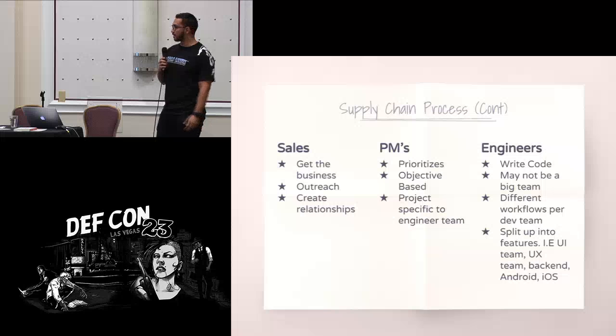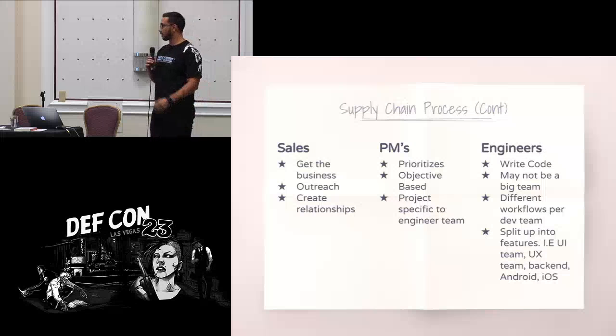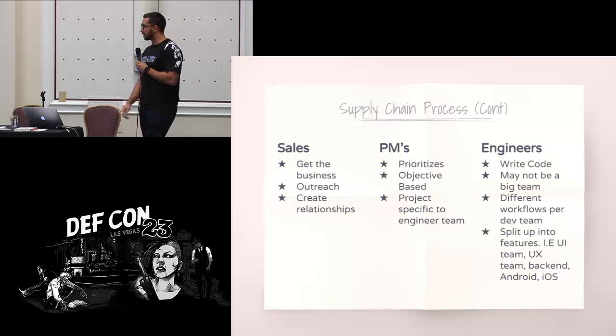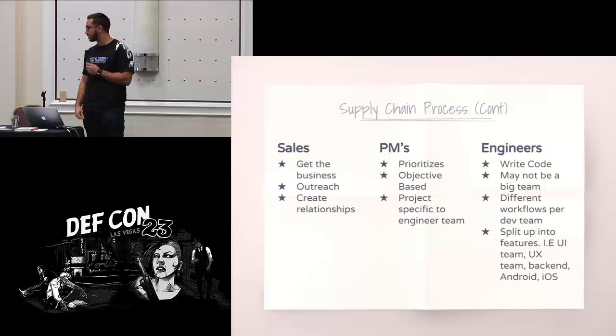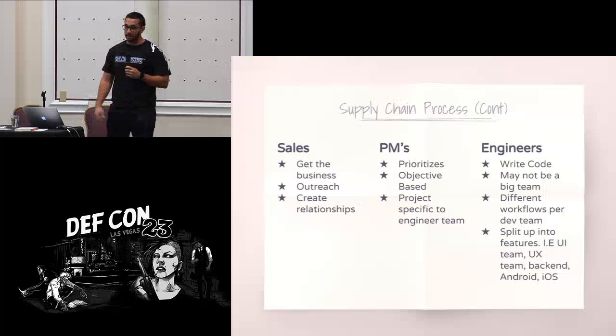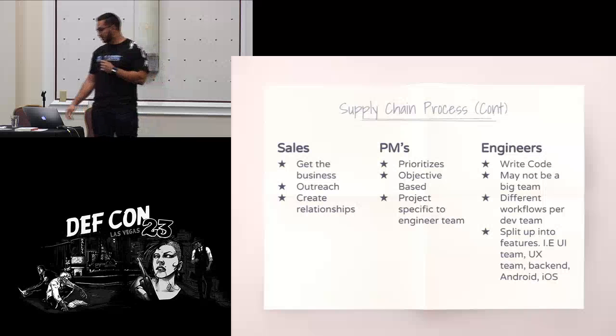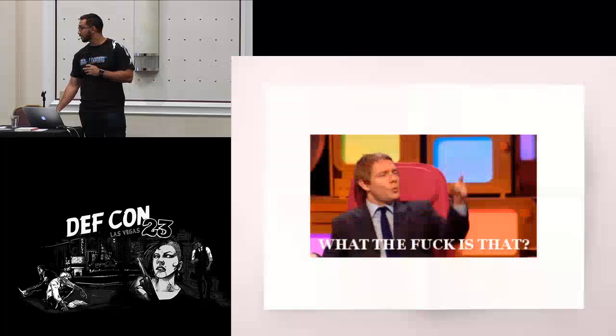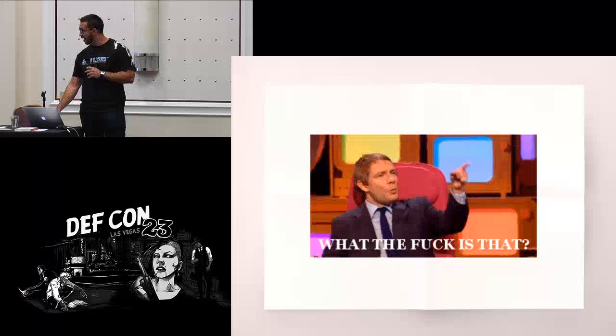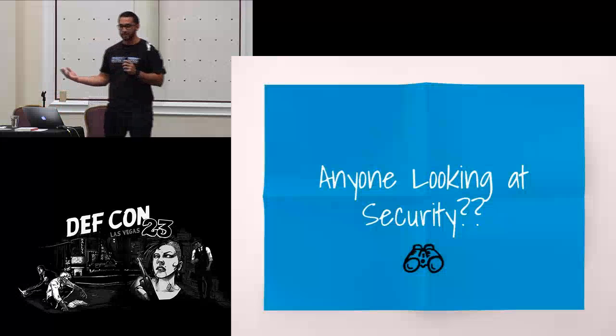PMs prioritize and get these products made. Engineering teams write the code day and night, split up features, UI, UX. You have Android, you have iOS, many different aspects of coding styles and languages just for these devices. And I say that because who's looking at security?